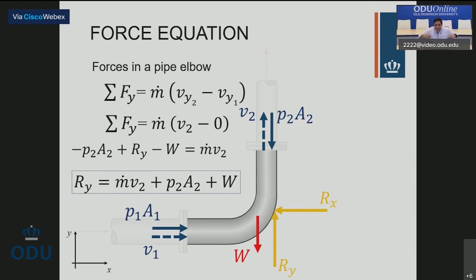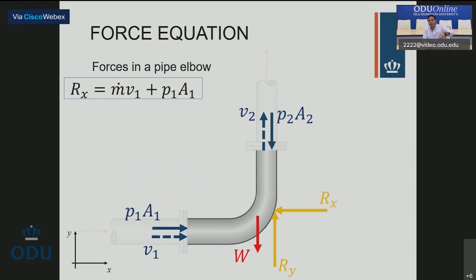Does it make sense? Yes, it makes sense. Because if the fluid somehow became heavier, if this W became larger, then RY has to increase because the elbow has to push against. Okay. Same thing goes with the M2, the same explanation I gave before.